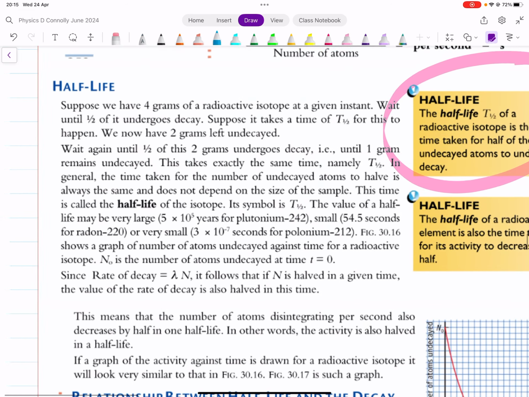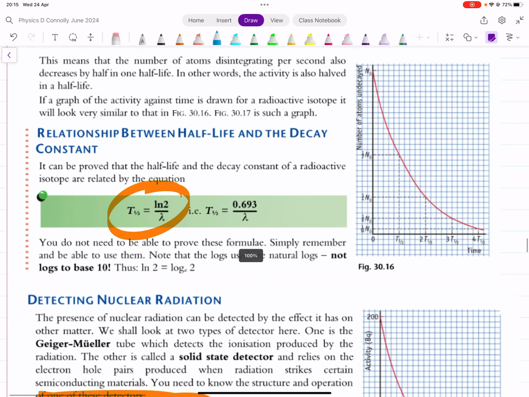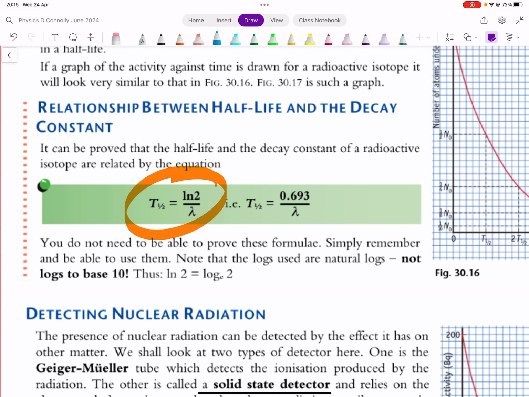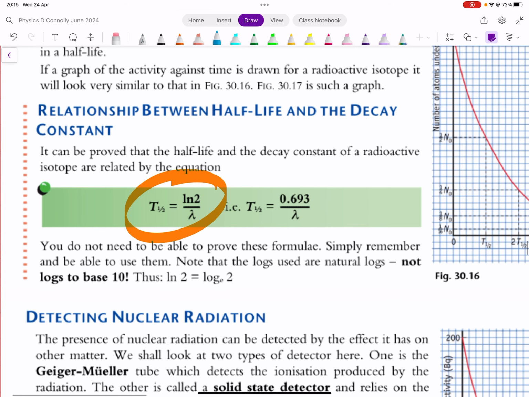Yeah? So there's a formula here that gives you the relationship between the half-life and the decay constant. We talked about the decay constant yesterday. It was in the law of decay. So it was the activity or the rate of decay was equal to lambda times the number of undecayed nuclei.